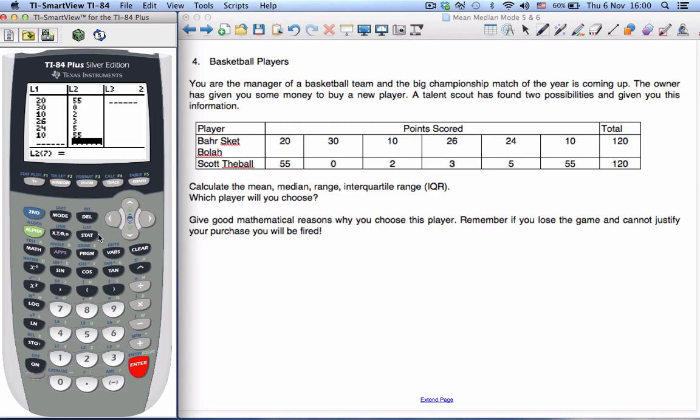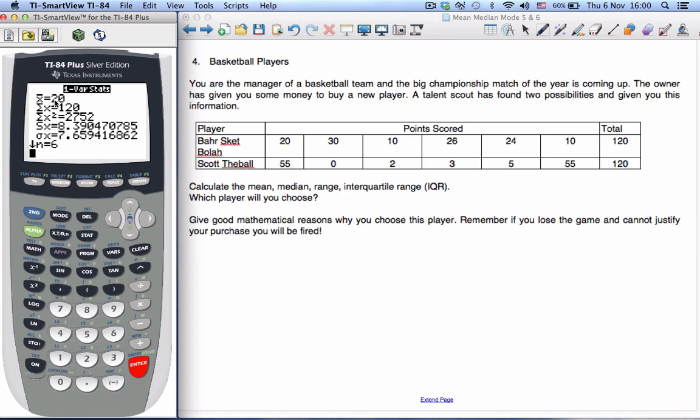There you go. We'll just do it one at a time. So I'm going to go to Stat, Calculate, one var stats, and list L1. So that's the basketballer. And let's calculate. Leave frequency list empty.